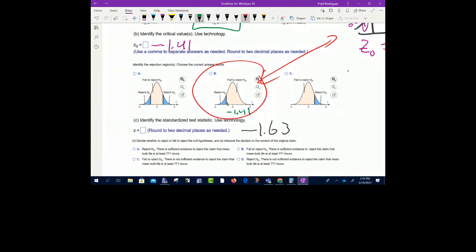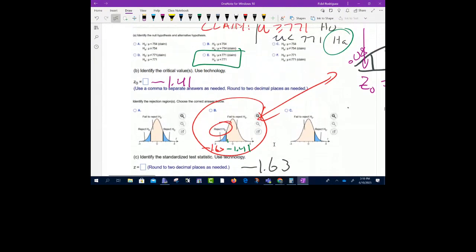To the left. What area did we fall in? We fell in the what? Rejection region?